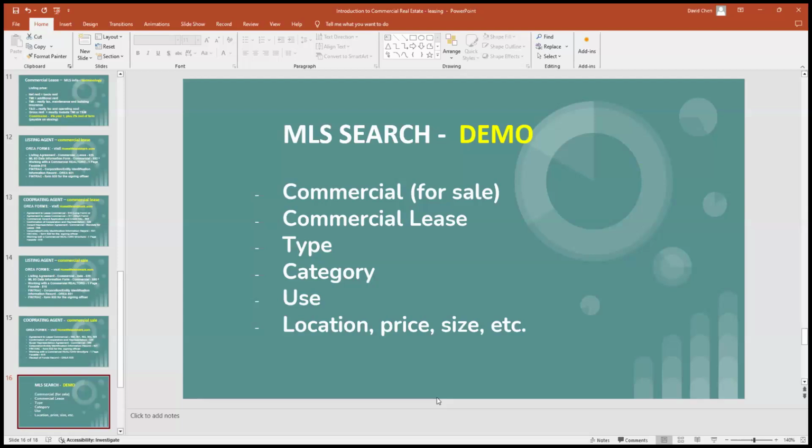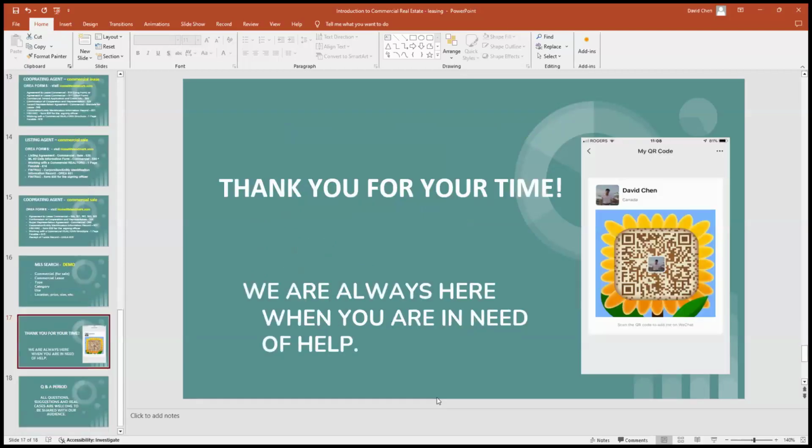We are going to do the real demo of how to do research and how to prepare the offer. That's the slides I created for this section. If you want to see more slides, you can approach me and I can send you a copy of the PPT to look at afterwards. That's the basic preparation for the listing or for preparing your offer.